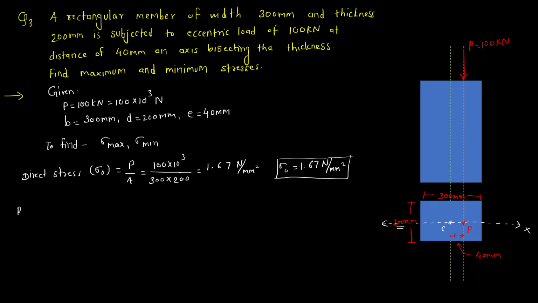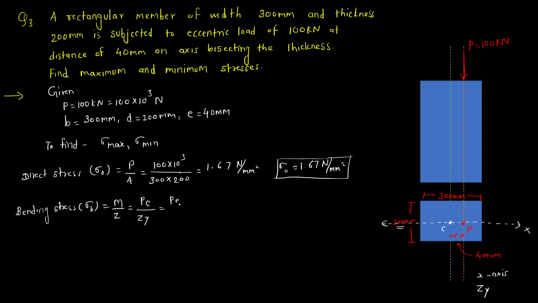The second thing is bending stress, sigma b. Formula is M divided by Z. M is P into e. Now Z, what we have to take? We have to take Z based on the location of load. So this load is present on x-axis. You can see the load P is present on x-axis. So we have to take the opposite, that is Zy.